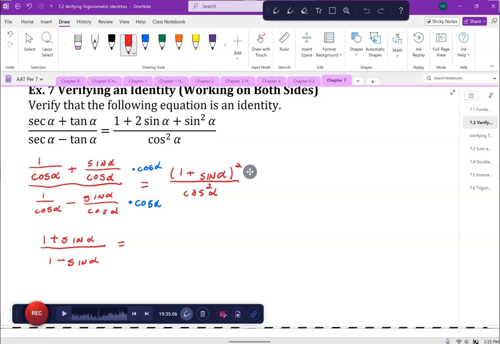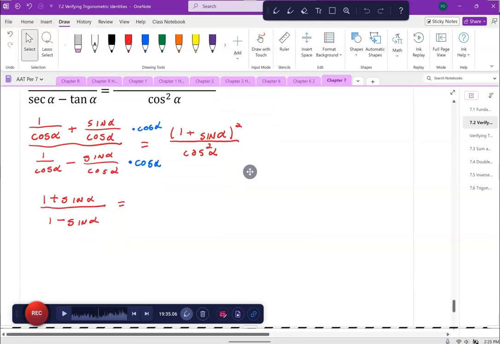On the right-hand side, I'm actually going to take cosine squared, and I'm going to manipulate it a little bit because when I start to look at the left and the right, I seem to notice that the numerators are pretty close. It's the denominators that are a problem.